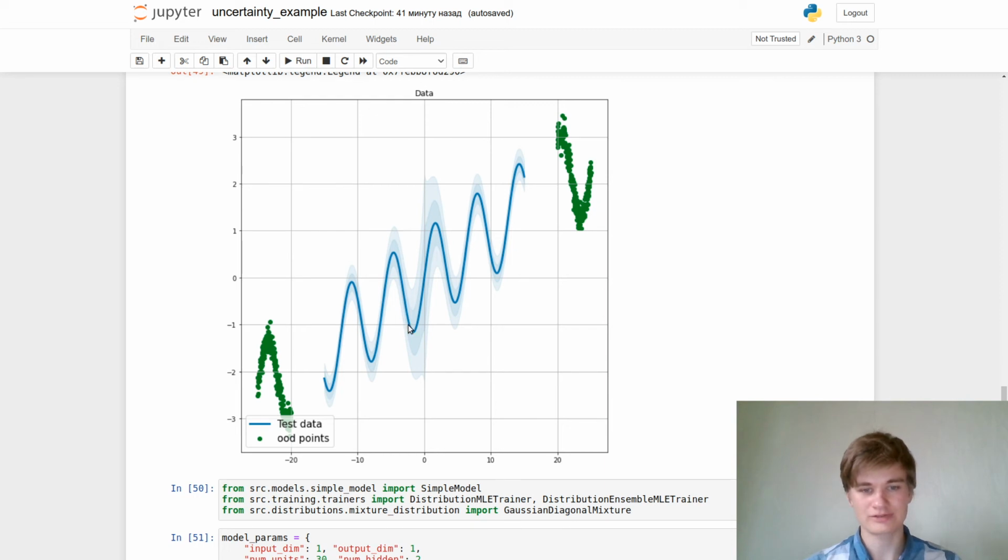You can see that the variance is high nearby 0 and it is becoming lower and lower as we go from 0 to -10 or 10. And these green points are our in-domain data.